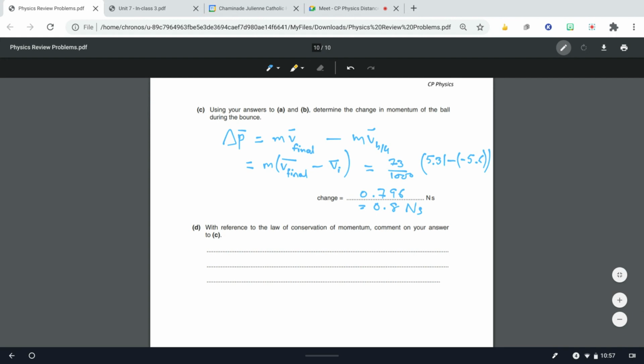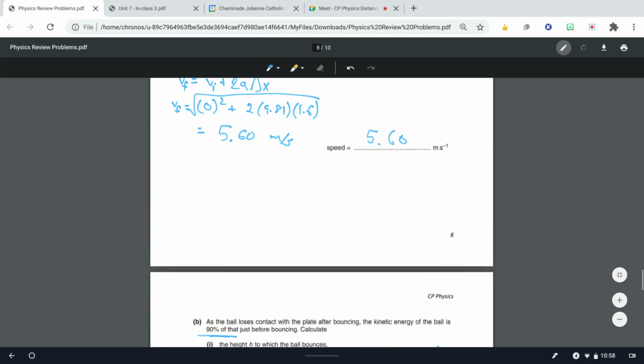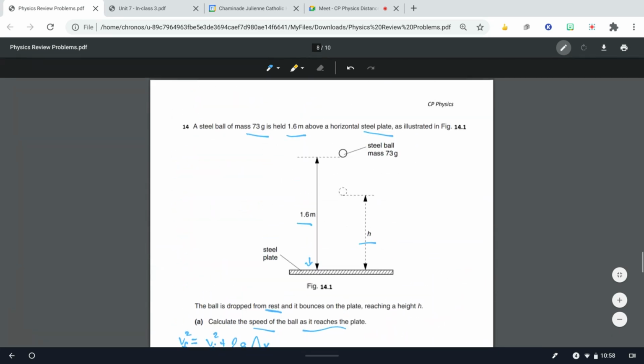Right? And what about the answer to part D? What does the law of conservation of momentum tell you? That the net change in momentum should be equal to zero, or the loss in momentum here should be equal to a gain in momentum somewhere else. So this is the momentum that was lost by the steel ball, right? If you look at the diagram again, the ball bounced off of the steel plate.